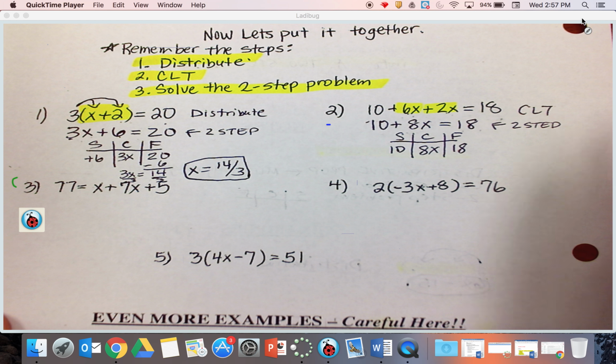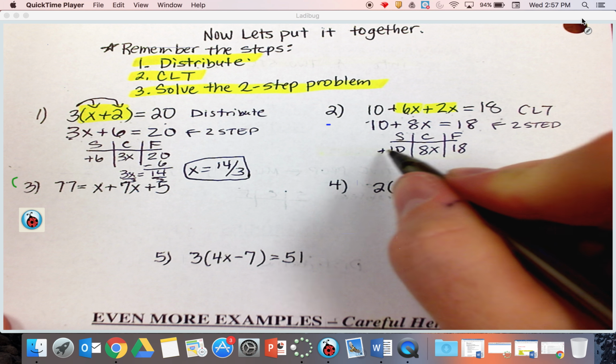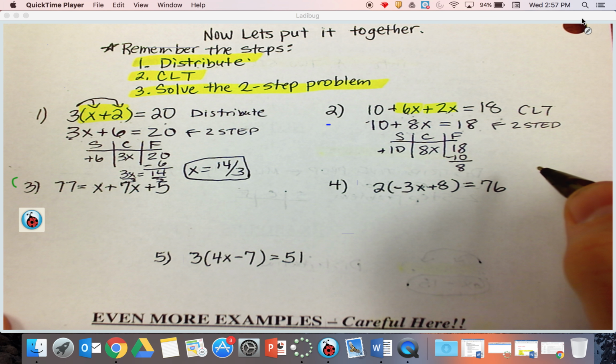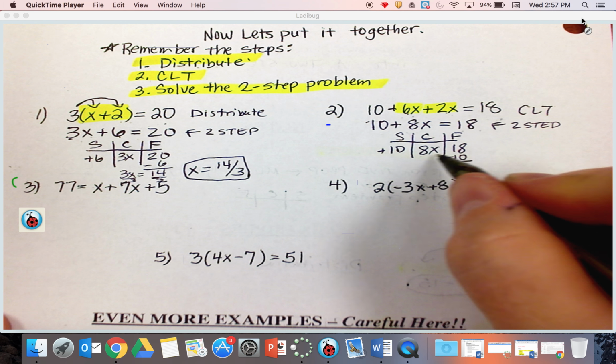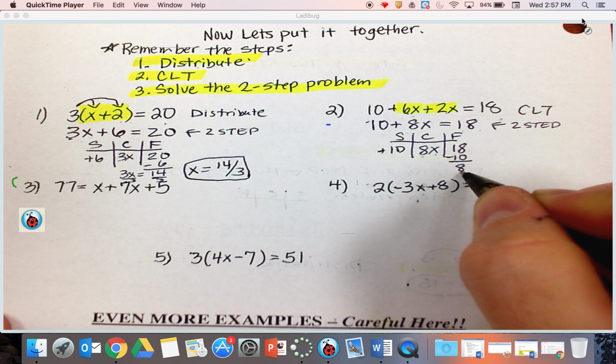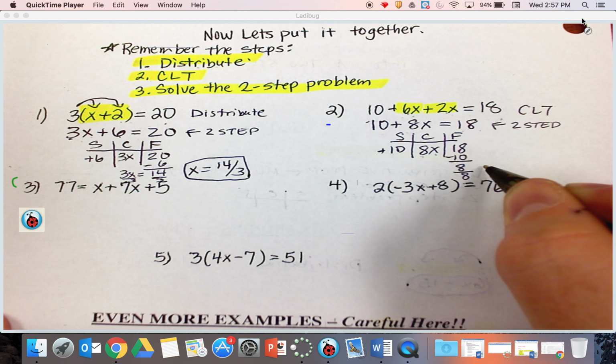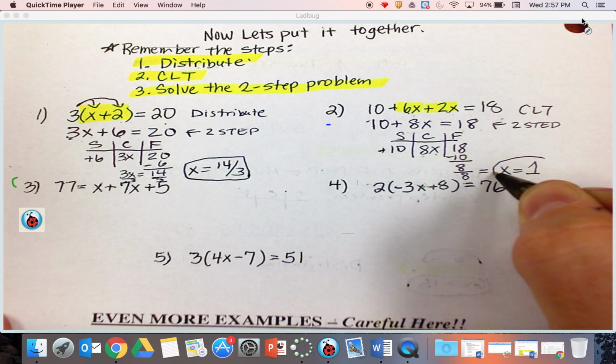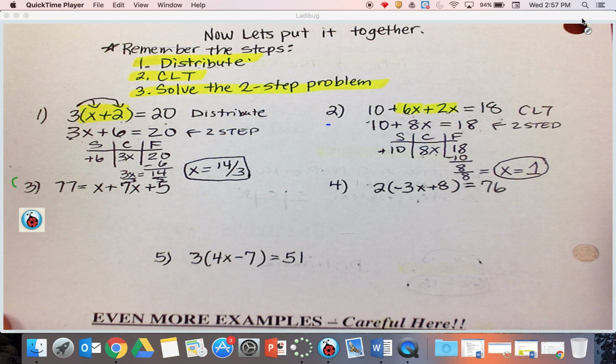All I need to do now is to move this plus over by subtracting, and then divide by the 8 on both sides, and it gives me my x is 1. That's it.